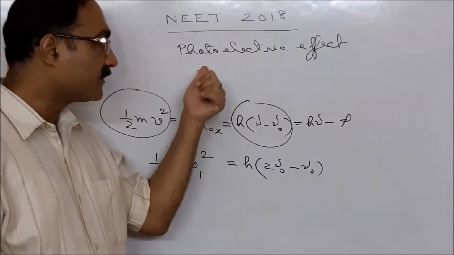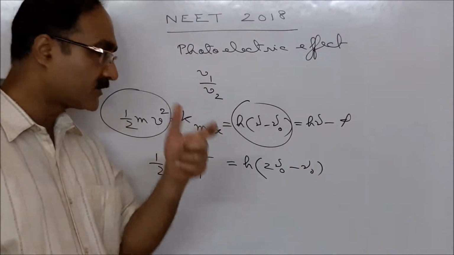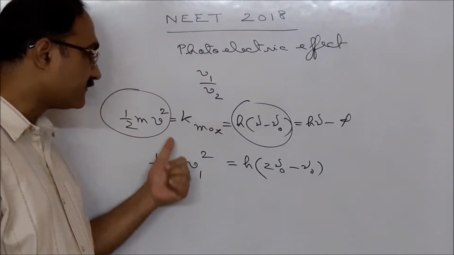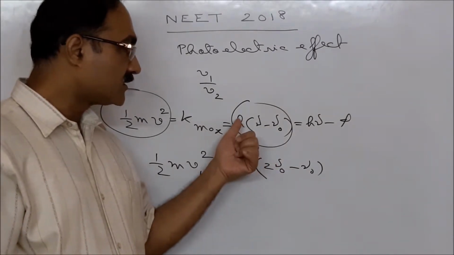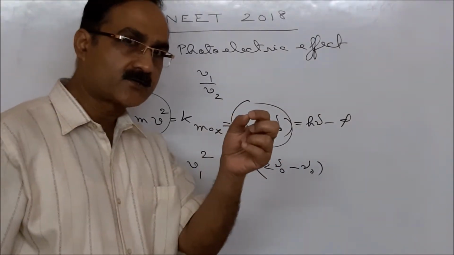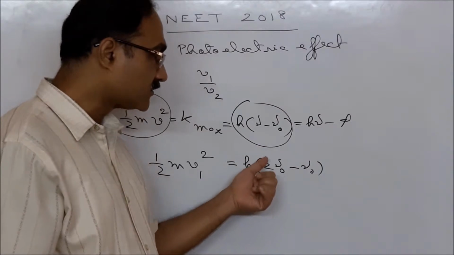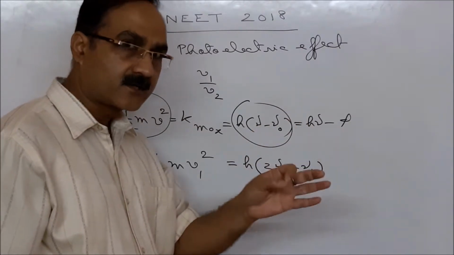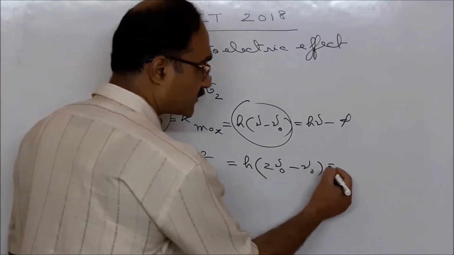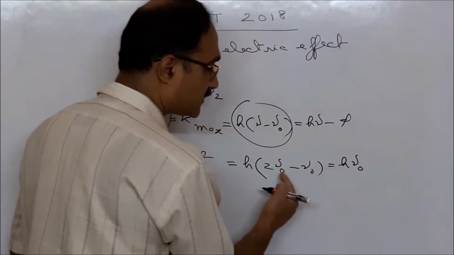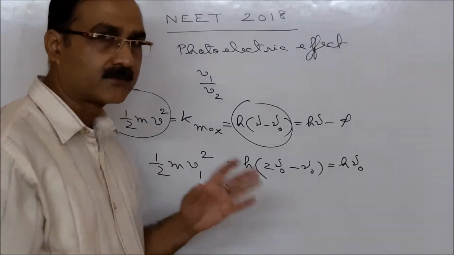In the first case, the maximum velocity of the ejected electron is v1, so this is half m v1 square. And here, this is h into incident radiation frequency, which is 2 nu naught, minus the threshold frequency given as nu naught. So here, what we get is h into nu naught.